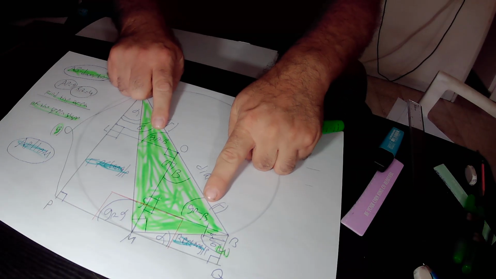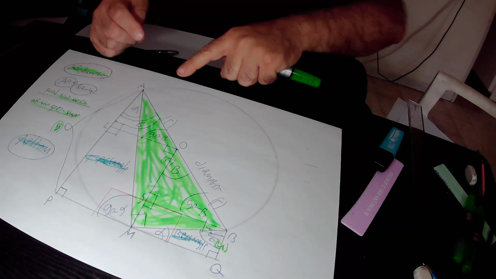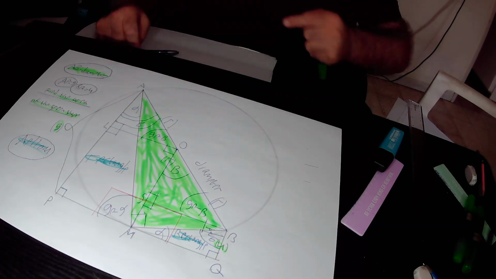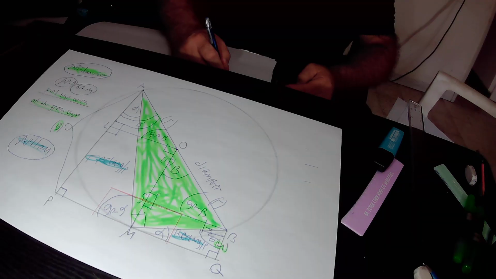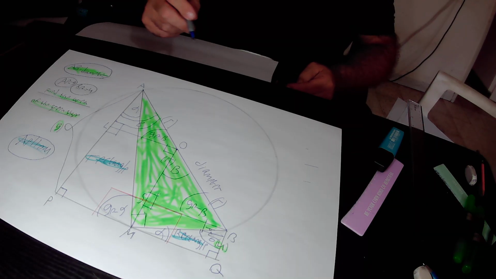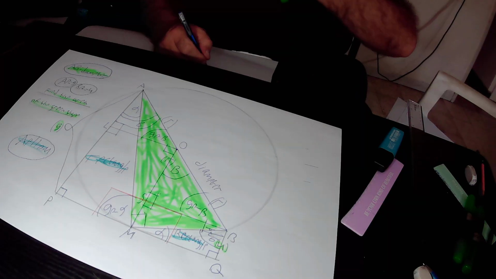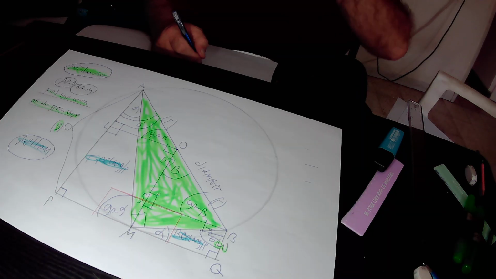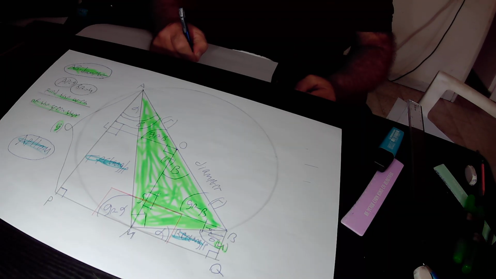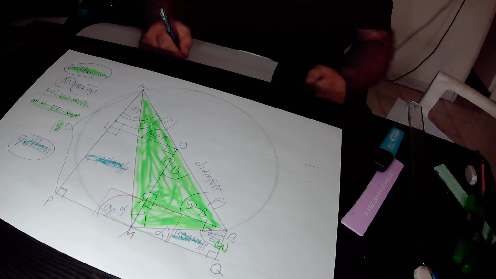those two angles are both equal to 90 degrees minus beta and therefore they are equal to each other. So here this is angle AOL in the right triangle ALO, and it is equal to this angle, angle OBS, in the right triangle OSB.